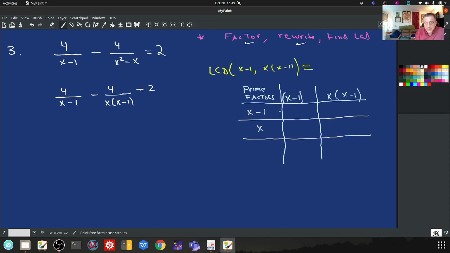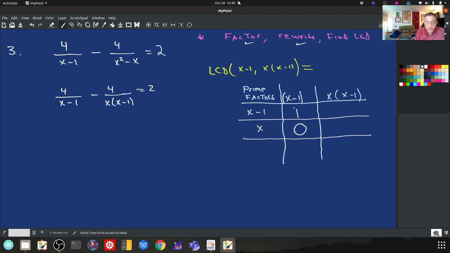So let's go down the list. How many factors of x minus 1 do I have in x minus 1? 1. Now here's the only one you have to think about. How many factors of x do I have in x minus 1? The answer is 0. Not 1, 0. X minus 1 is prime, x is prime.